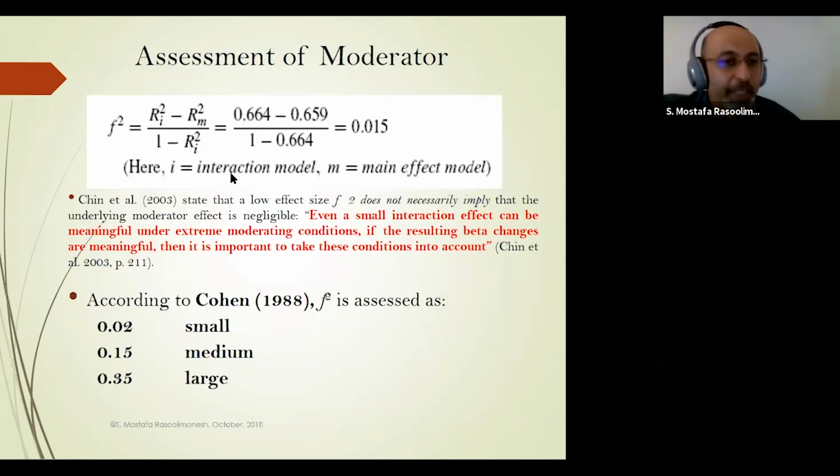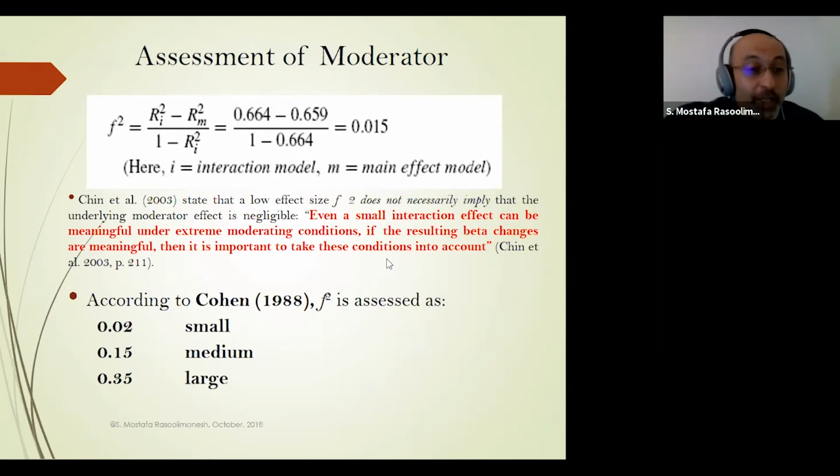For interaction effect, we can calculate effect size based on this formula, but actually calculating the effect size for a moderator is not very significant. Even for a very low effect size, when we have a significant interaction effect, it means the effect of X to Y is significantly different for high and low levels of moderator, even if effect size and change in R square is very low.